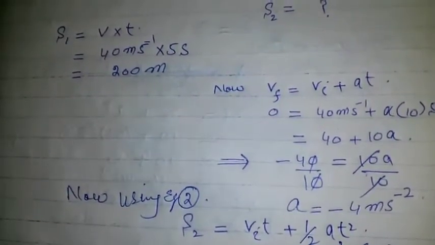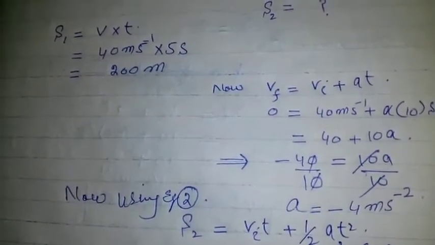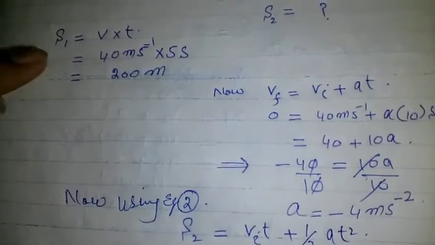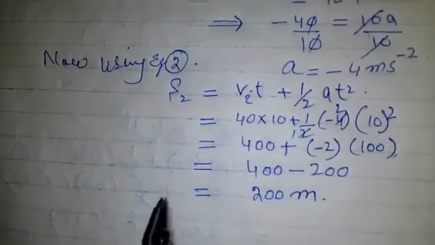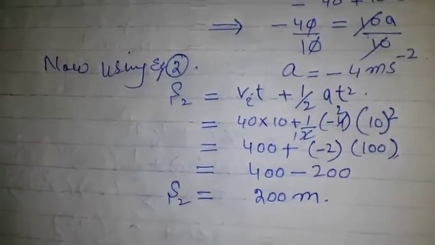As we started the solution, I told you it has two parts. In the first part, we calculated S1, traveled in 5 seconds, and in the second part, we calculated S2 is equal to 200 meters.